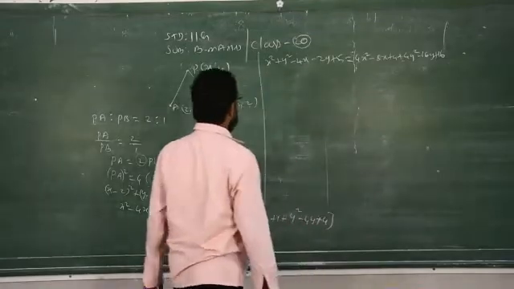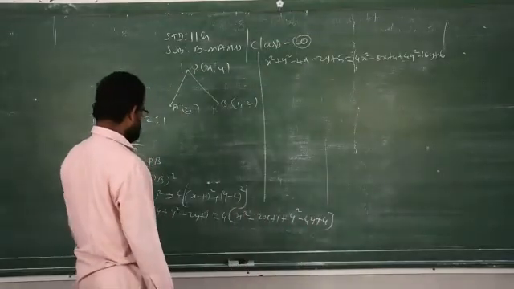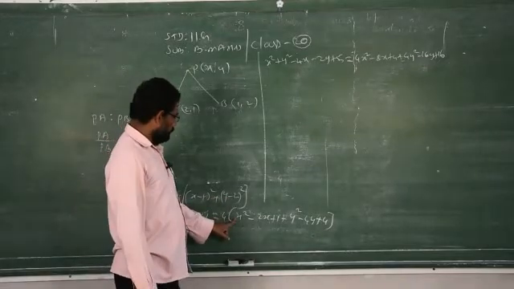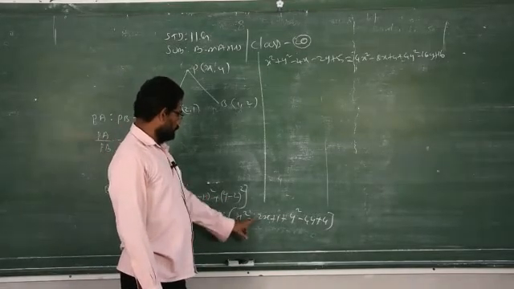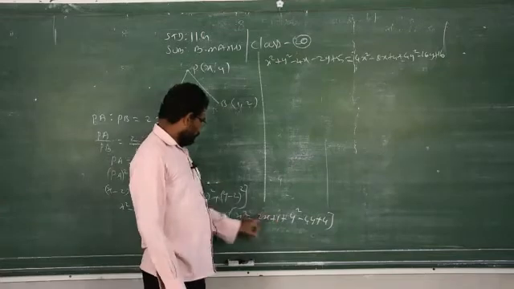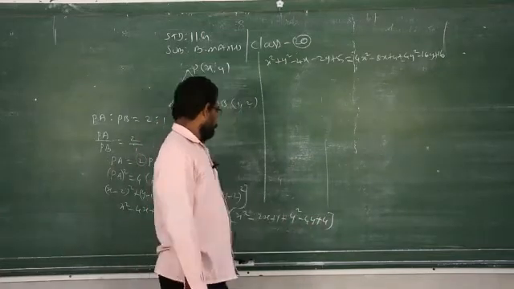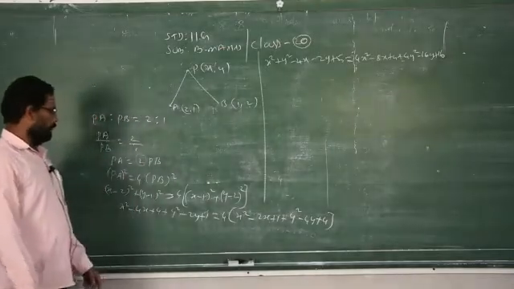Clear? So I am just multiplying 4 inside the bracket: 4x square, 4 twos are 8x, 4 into 1 is 4, again 4 into y square is 4y square, 4 fours are 16, 4 fours are 16. I am just multiplying.